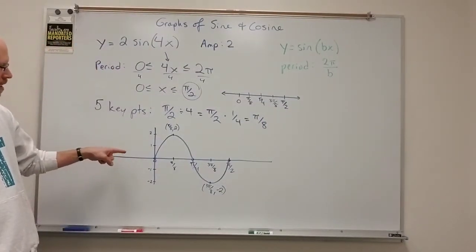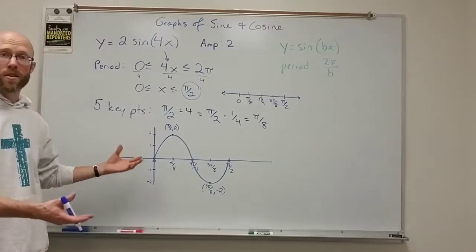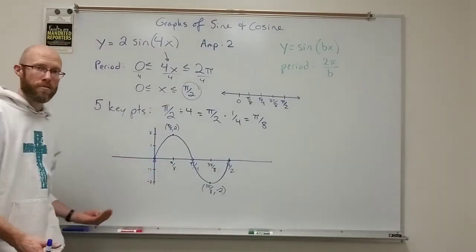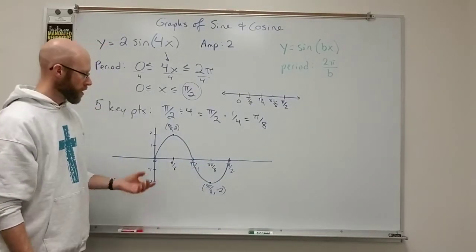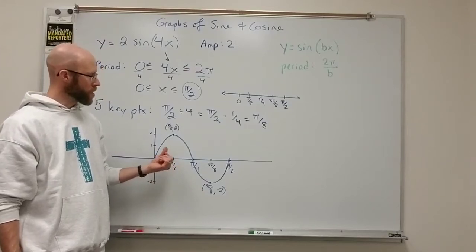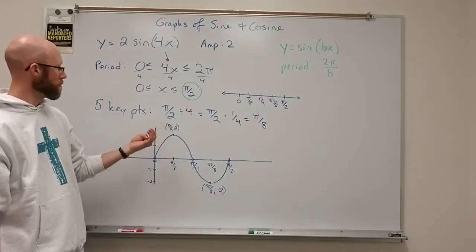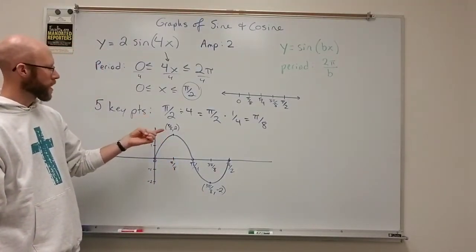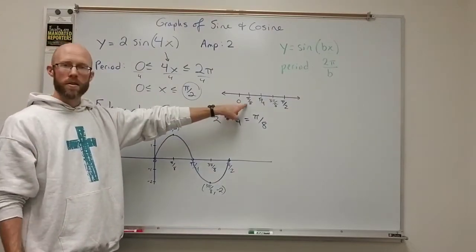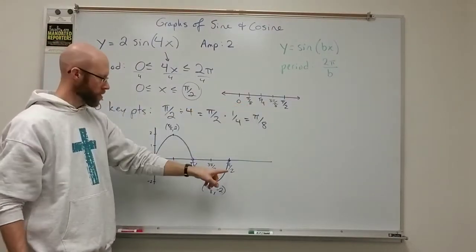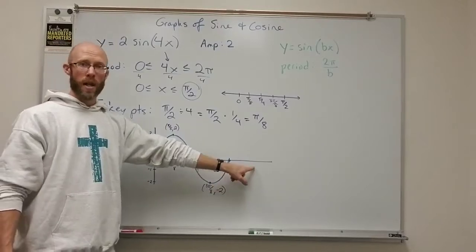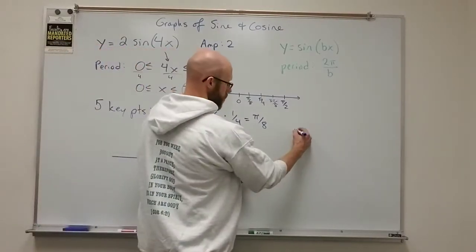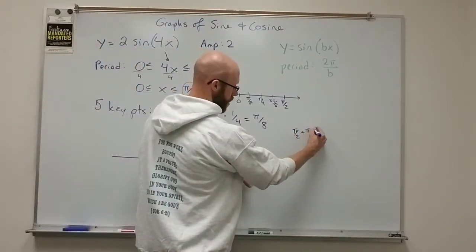However, now, if I wanted to extend this another period, maybe a period to the left or a period to the right, the main thing is you want to continue on with this adding of a pi over 8 to every point. So from pi over 2, I would add another pi over 8, right? So pi over 2 plus a pi over 8.